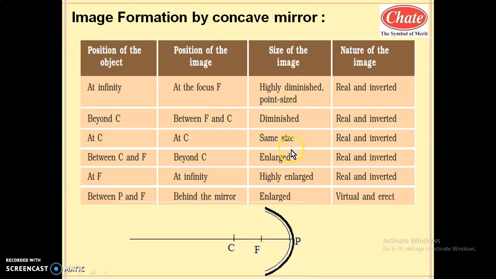The size of the image gradually increases. It will be highly enlarged when the image forms at infinity. When the image is at focus, it will be point size. Then gradually the size increases: point size, diminished, same size, enlarged, highly enlarged. For the first five cases the nature of the image is real and inverted, and for the last case it is virtual and erect. So remember this table.